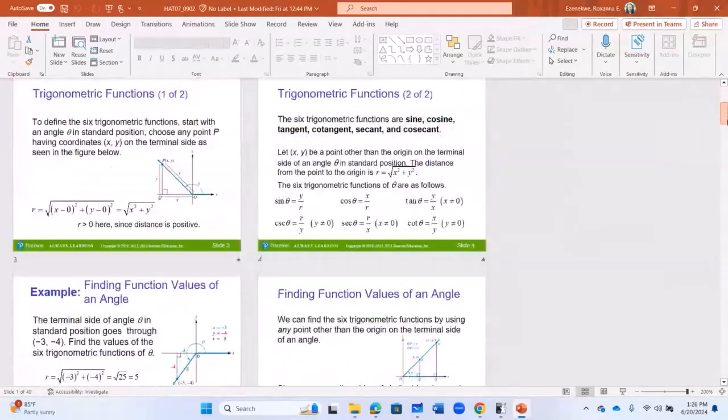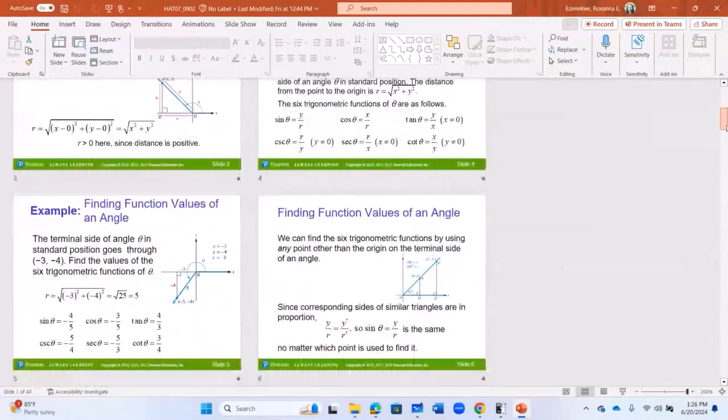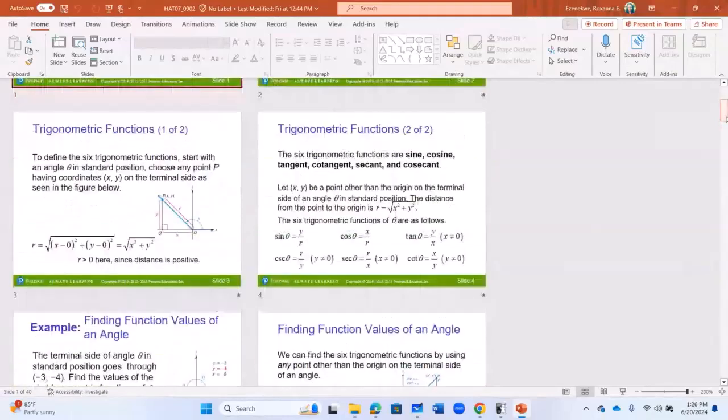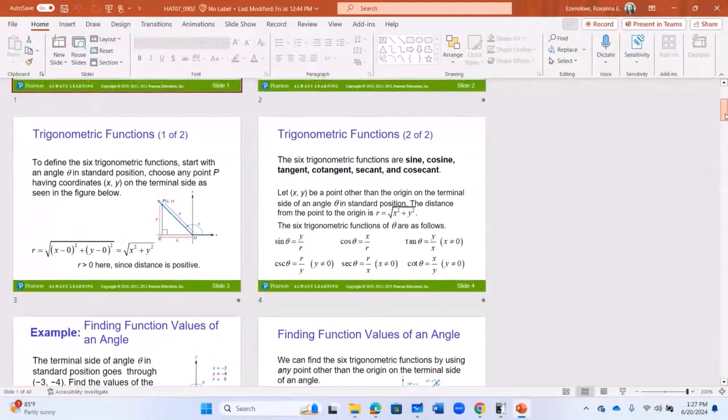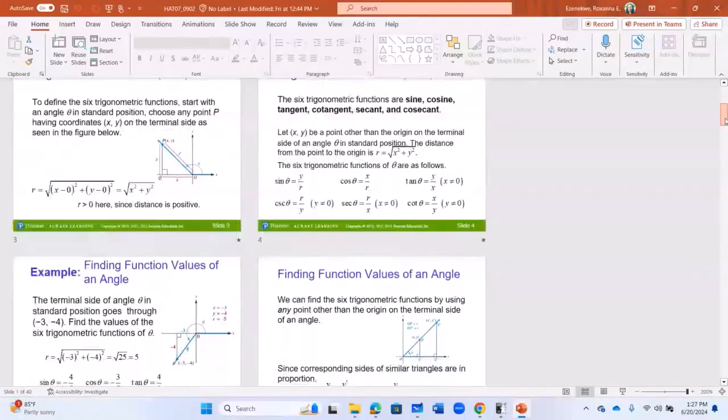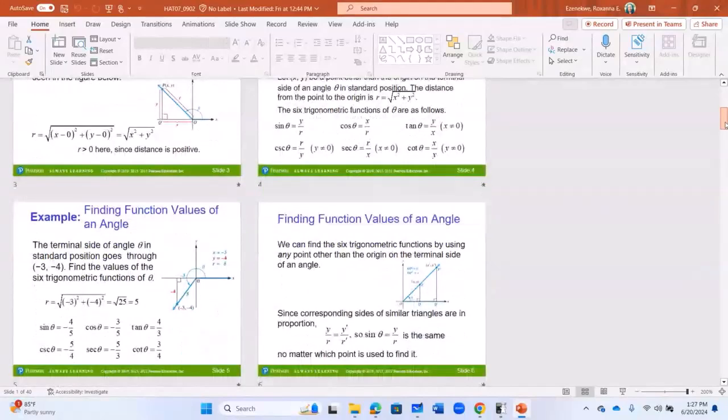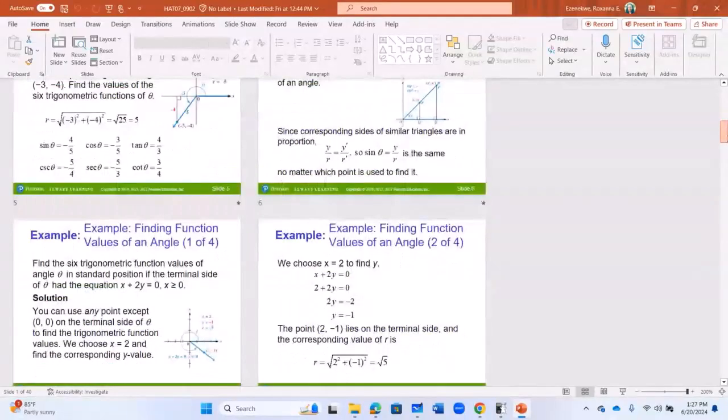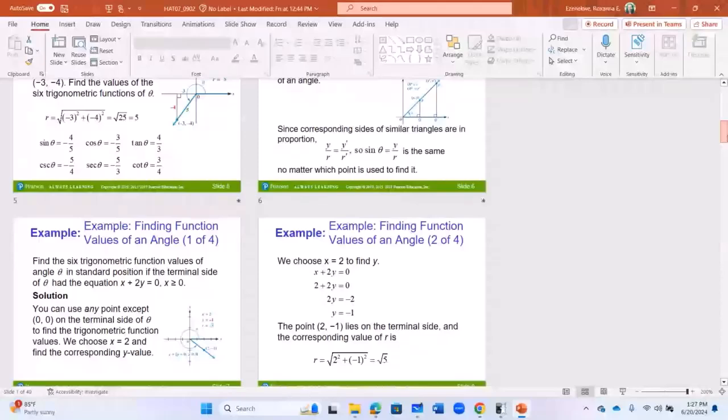Okay, we talked about quadrantal angles, but there can be a right triangle inside a circle. Right triangles inside the circle cannot be called unit circle. Suppose a circle has a radius of 5, then it's not a unit circle.